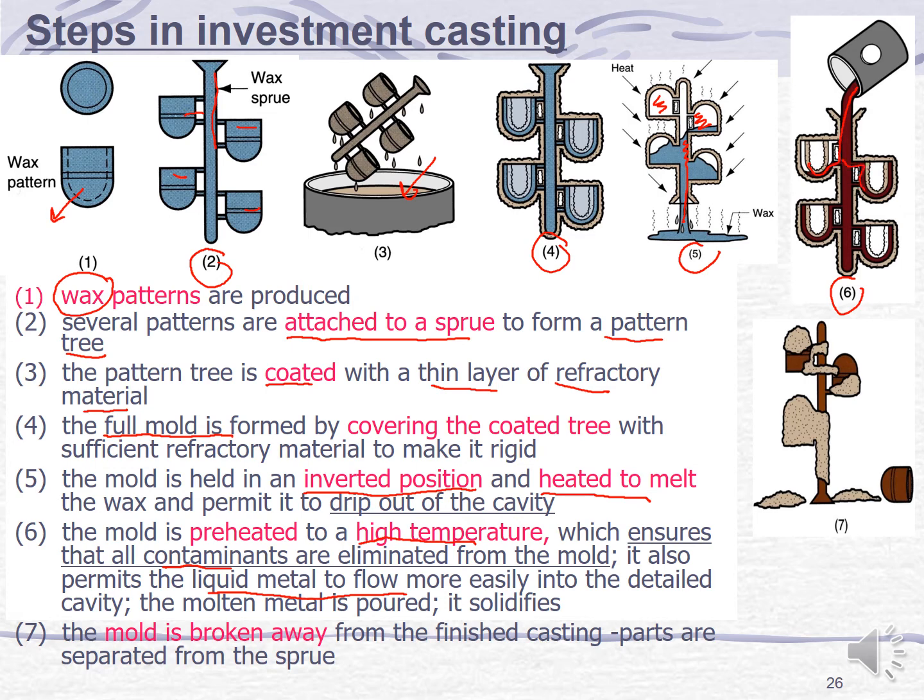Okay, the molten metal will flow into the cavity. Once solidified, the mold is broken away, and the parts are separated from the sprue. So this is the final part.